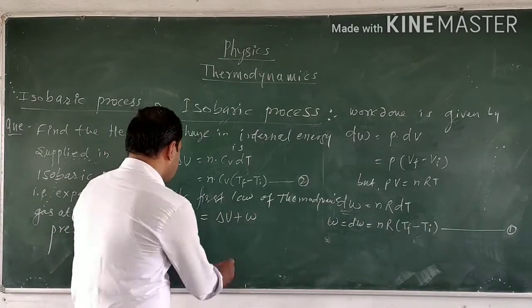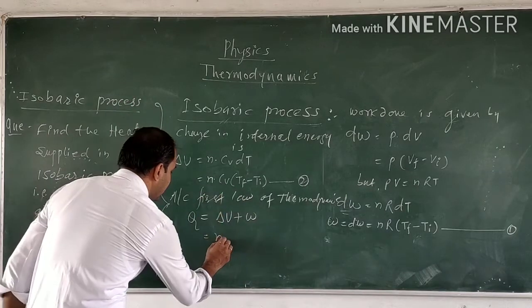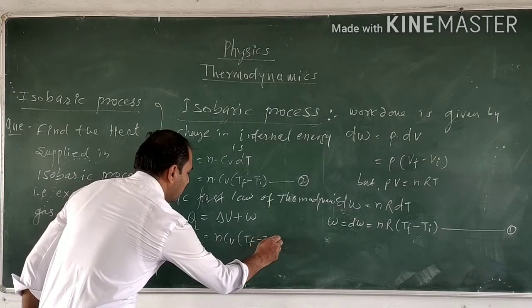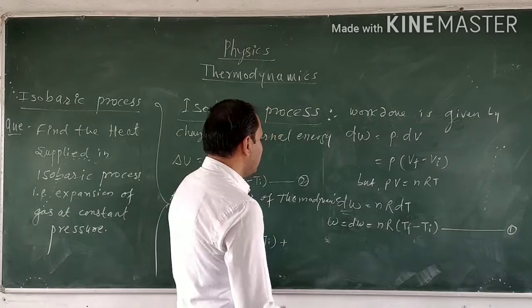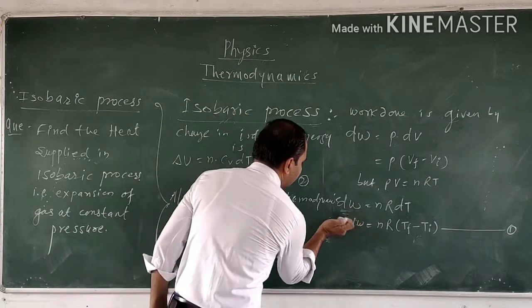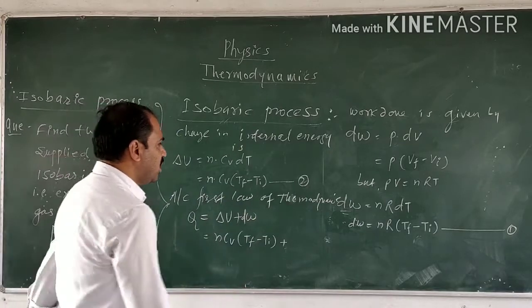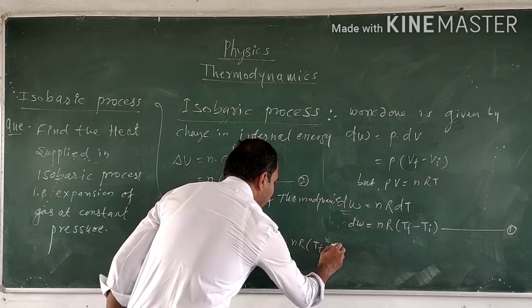So here the value of delta U is n Cv (Tf minus Ti), plus W, which we can also write as dW, no problem. Therefore n R (Tf minus Ti).